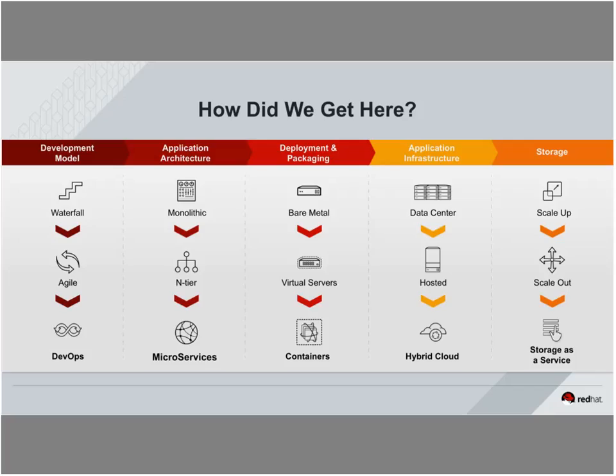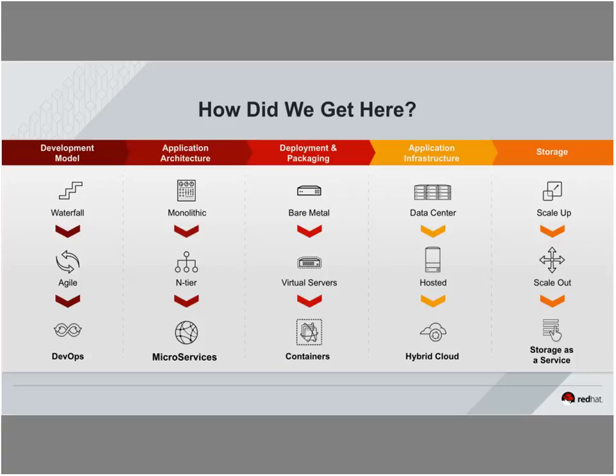Thanks, Eric. So I'm going to start by framing the larger picture. What you see on this diagram is a series of columns around different dimensions of topics that we have to deal with in order to ship applications. And if you look at the rows, it slices in time, right?